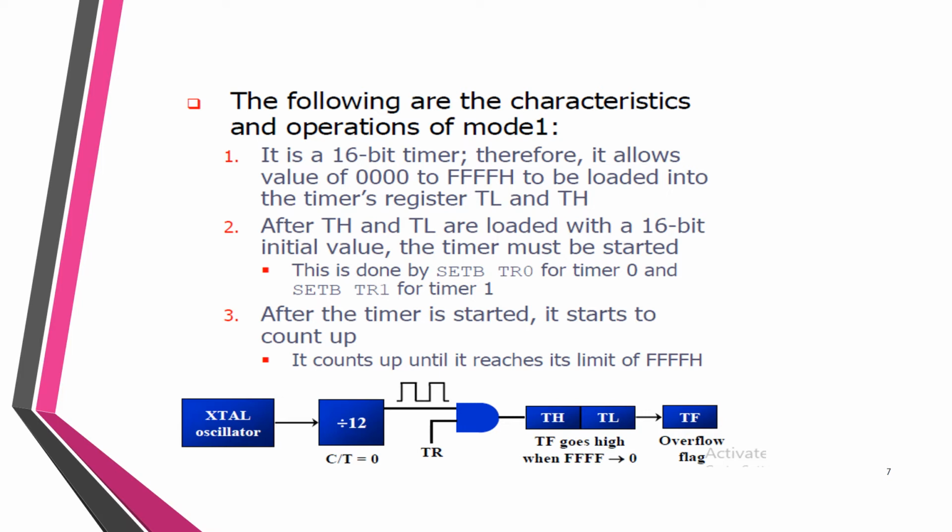So the size of the crystal frequency attached to the 8051 plays a very important role. The frequency for the timer is always 1/12 of the frequency of the crystal attached to it. Remember this rule: whatever the crystal frequency is, divided by 12 is the operating frequency for the timer.